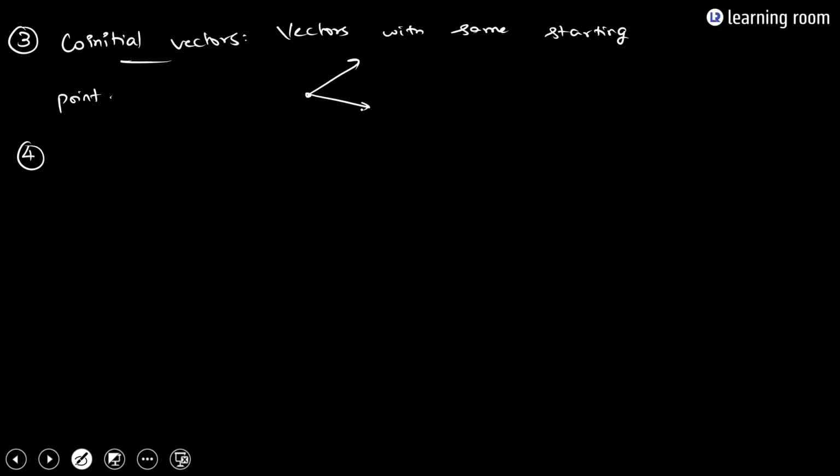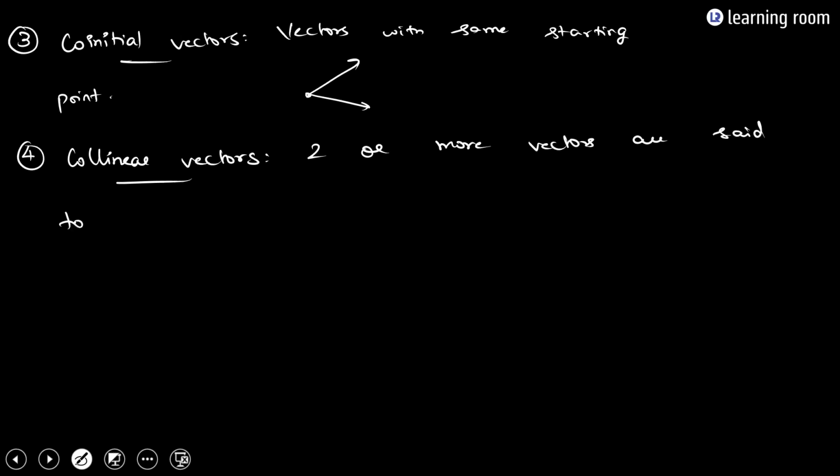Next is collinear vectors. So two or more vectors are said to be collinear if they are parallel to the same line.